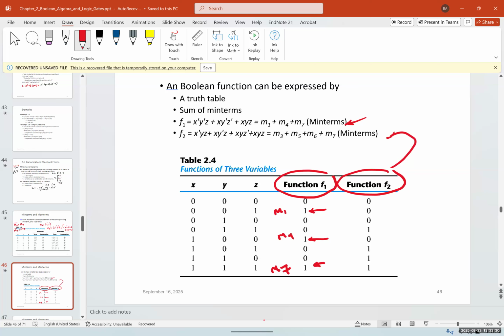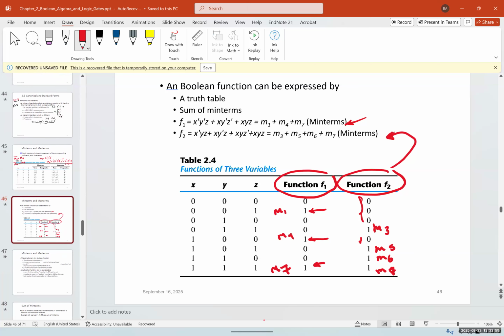And the same way for f2. f2 is equal to when we have m3, m5, m6, and m7. And it's 0 in the rest of the table. So we can write it as a sum of these minterms. We can have these functions.